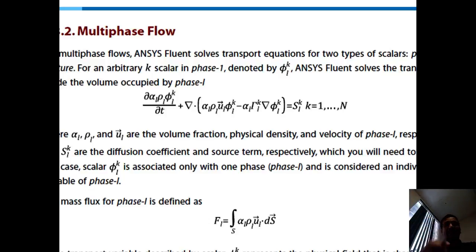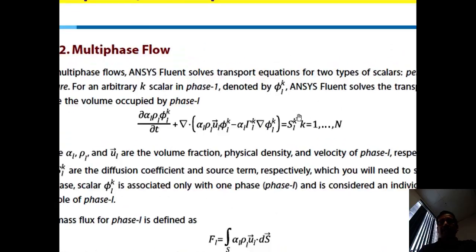In fact, in deriving this from the Navier-Stokes equation, we find that we lose a lot of information. There is something called a smoothing process, and all those are hidden in this S_IK, which is the source term, interaction between the two phases. So here we are thinking of a fluidized bed reactor where there is a gas or a liquid fluidizing a solid. So the fluid and solid exchange mass, momentum, heat, etc. Those are all given in here.